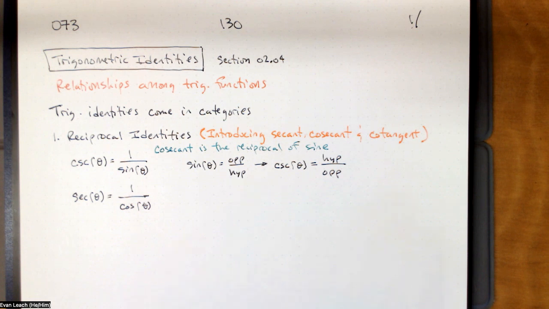Secant is the reciprocal of cosine. This can be flipped around. We could say that cosine is the reciprocal of secant. That's how reciprocals work. If A is the reciprocal of B, then B is the reciprocal of A. They're reciprocals of each other.